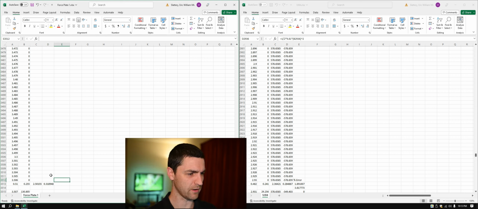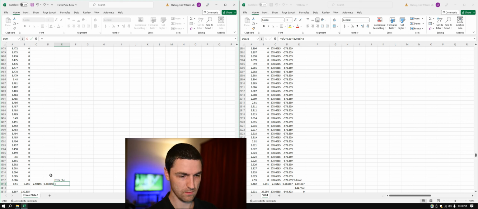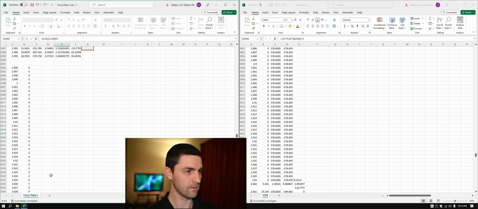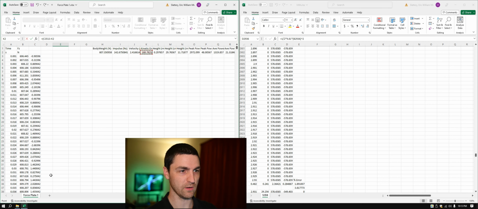Now let's do the error. That's going to be a percent. Parenthesis, minus, we're going to figure out how much error there is between the impulse method that we used and this time-based method.